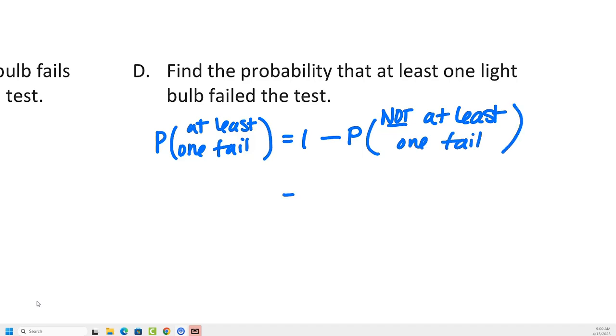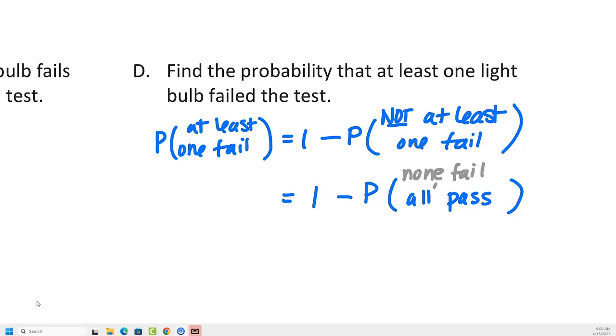So that's the same as 1 minus the probability that all pass. Or could I also say the probability that none fail? Is that the same thing?